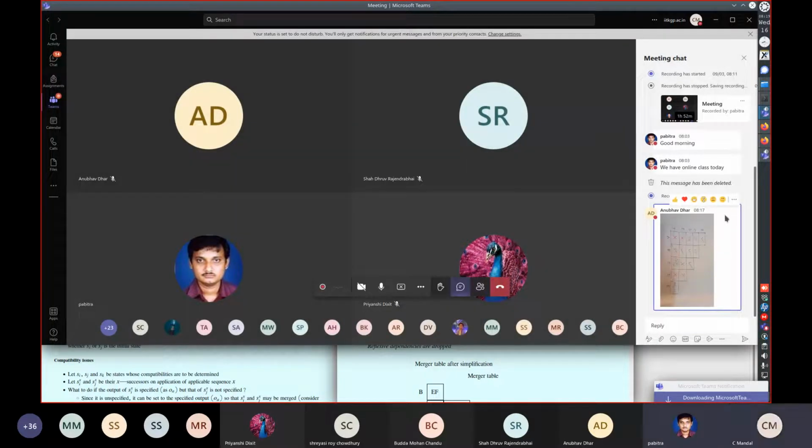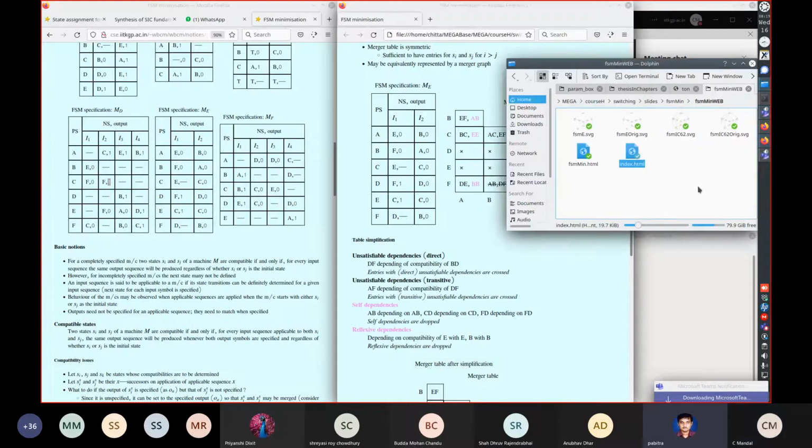Wait, let me try to save it. Copy image. Okay, so image has been copied. Then maybe you can paste in some other application. Or let me rotate and post.